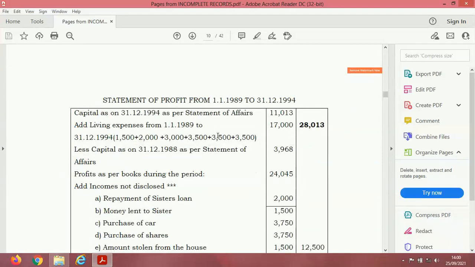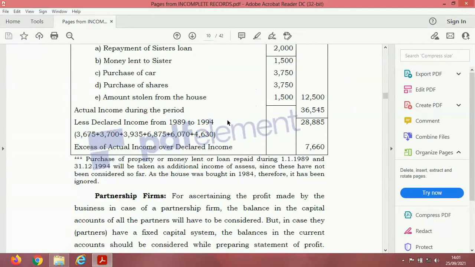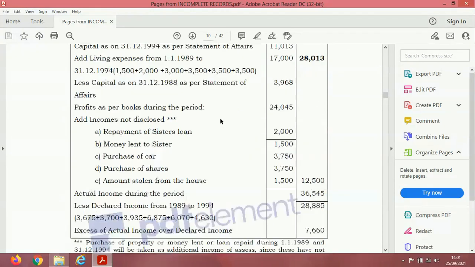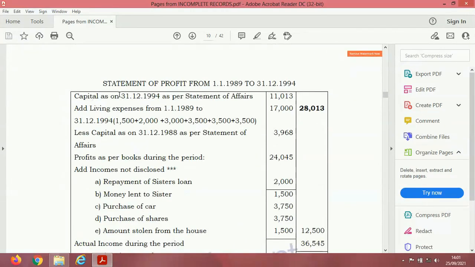We remember the question was asking us to prepare a statement of profit from 1st January 1989 to 31st December 1994. This is the statement. They are showing capital as at 1994. They're showing living expenses, which were shown in our additional information. They're showing this capital as a statement of affairs.